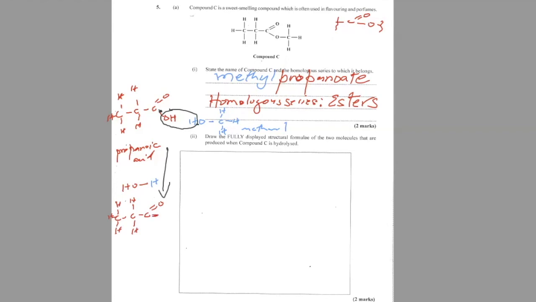So we'd have a bond right there, and then the alcohol part, O, then CH3. And let us just highlight the ester bond that was formed.